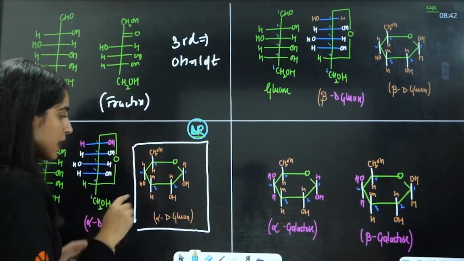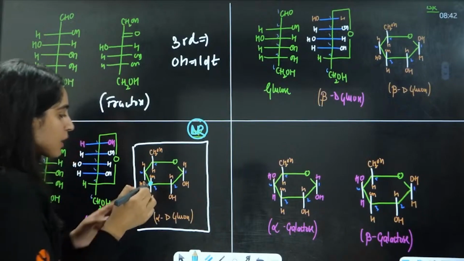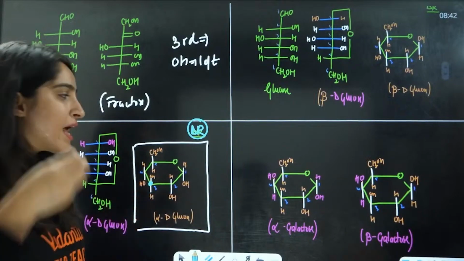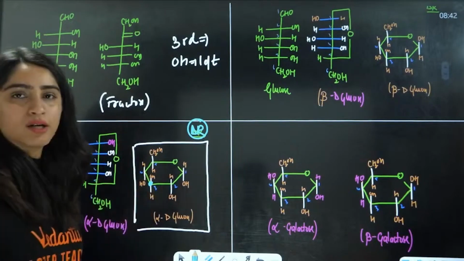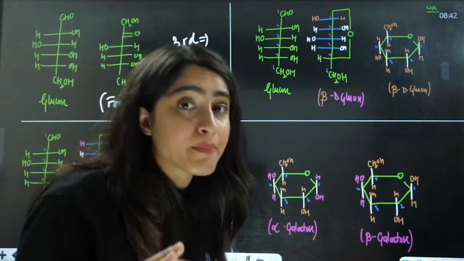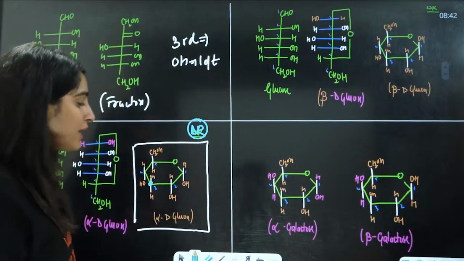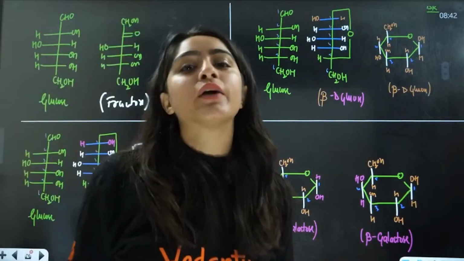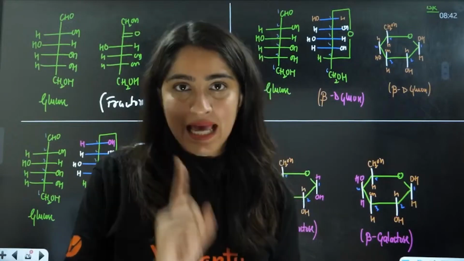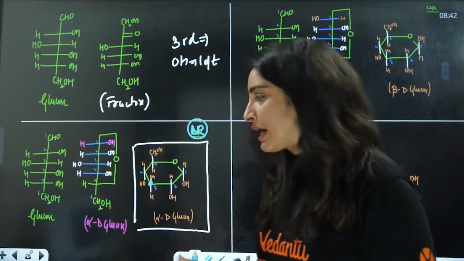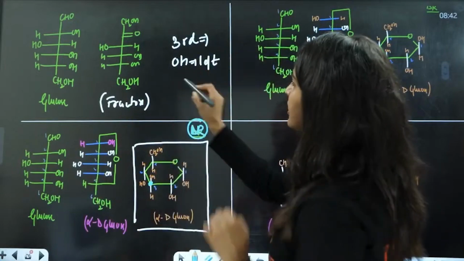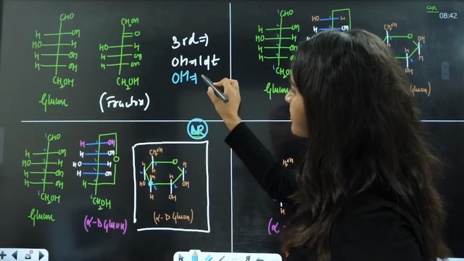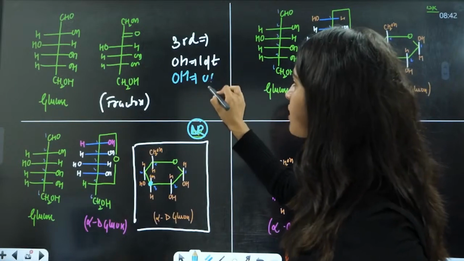On the third carbon you have OH above, and everywhere else OH is on the downside. In alpha-D-glucose, the third carbon OH is above, and the third carbon OH on the left in Fischer means upside.